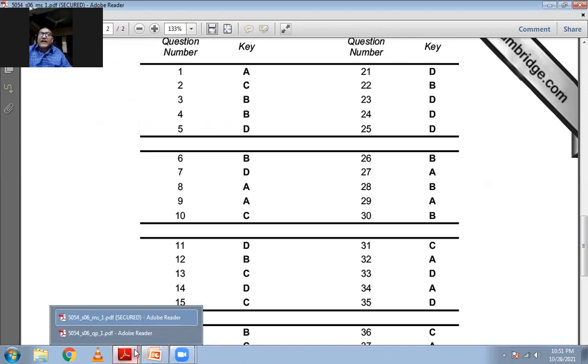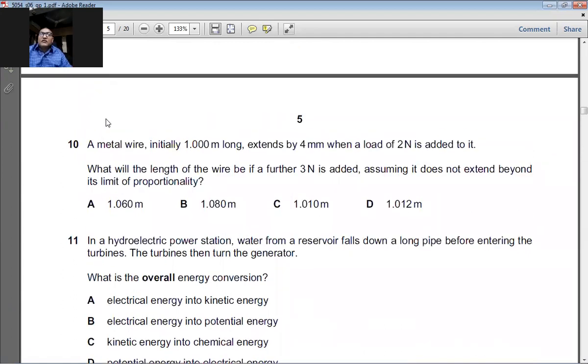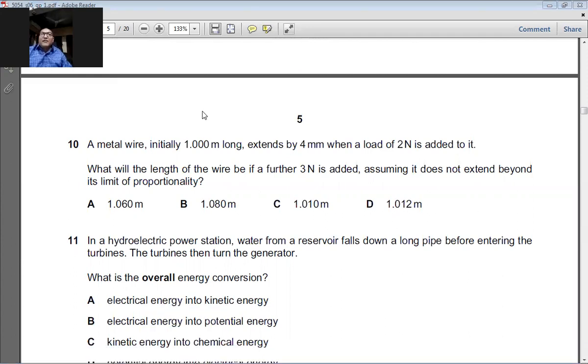Then we have question number 10. A metal wire initially 1 meter long extends by 4 millimeter when a load of 2 Newton is added to it. What will the length of the wire be if a further 3 Newton is added, assuming it does not extend beyond its limit of proportionality?